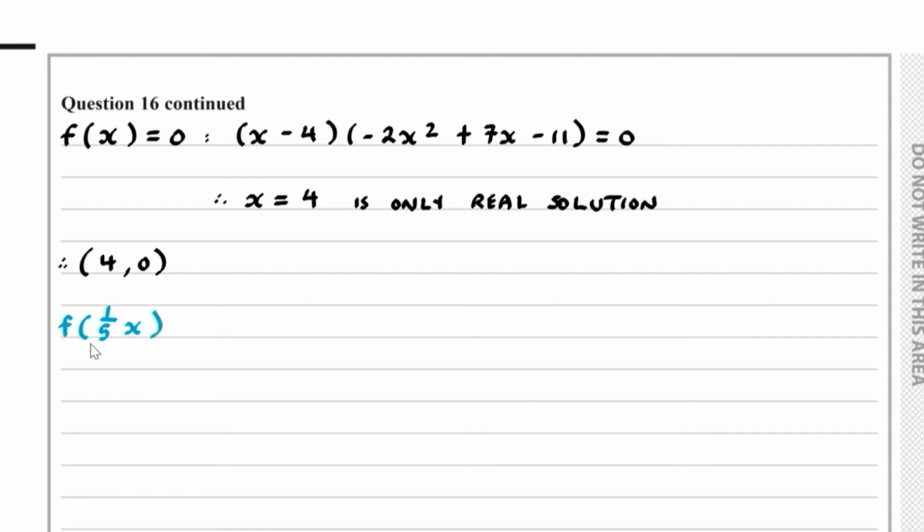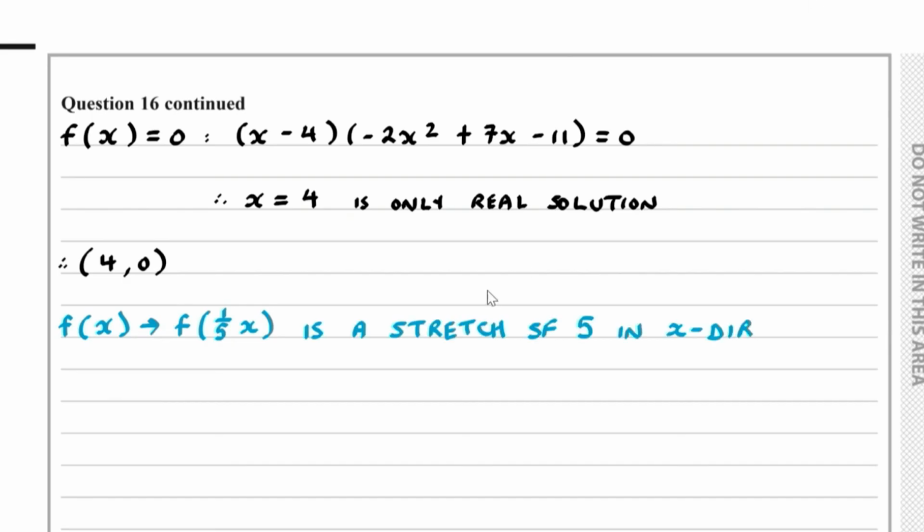F of 1/5 x, well, let's just write this out properly. If we go from f of x to f of 1/5 x, going from f of x to f of 1/5 x is a stretch scale factor 5 in the x direction.